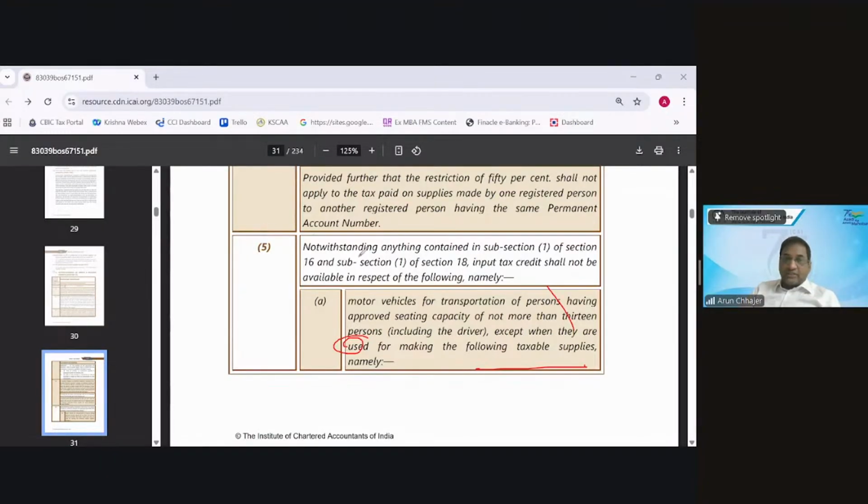Correct, Yogesh. See, is it for transportation of persons? Answer is yes. Plus, is it for up to 13-seater? Answer is yes. If both conditions are satisfied, then ITC is blocked.